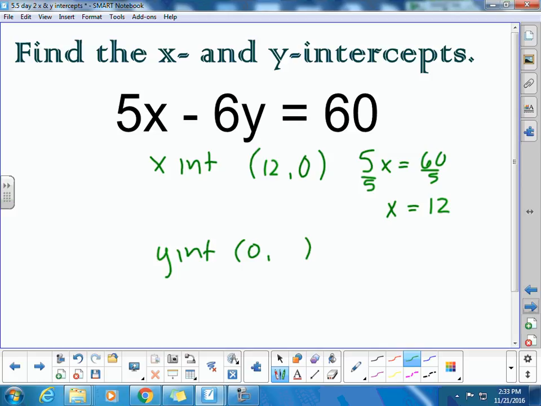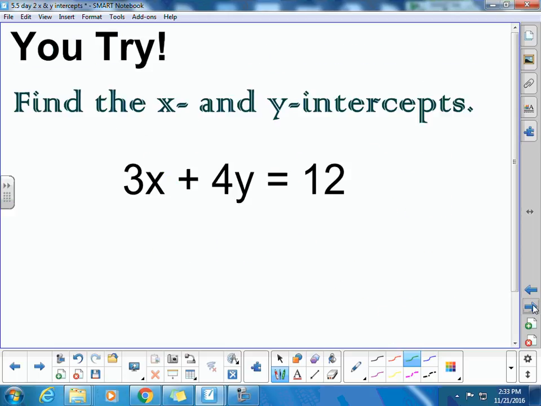When x is 0, the x's disappear, and I get -6y equals 60. Divide by -6, and you get y equals -10. So there's my x and y intercepts.